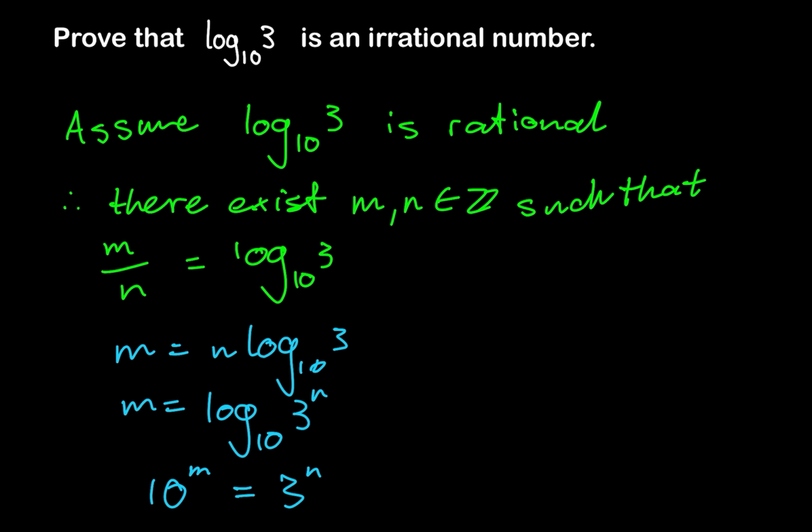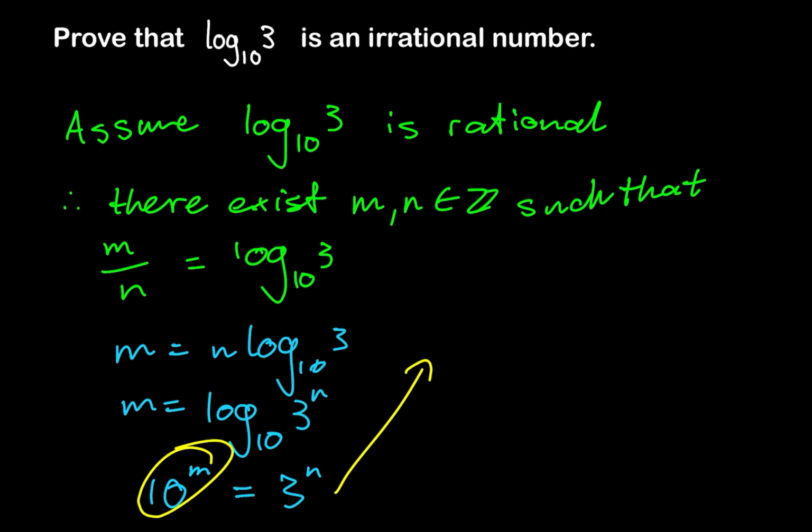However, this is crucial because this is where our contradiction comes in. You'll notice that the left-hand side is always even. It will always generate an even number, because even numbers multiplied by even numbers will always give even products. So that even product multiplied by another even number, which is 10, will once again be even.